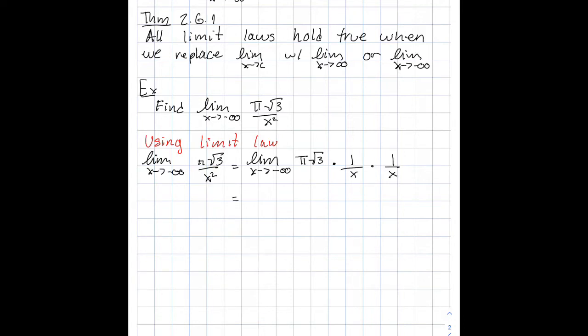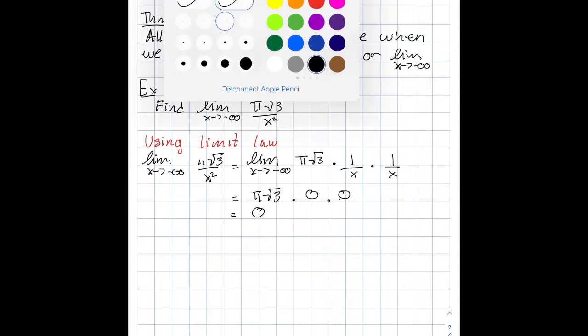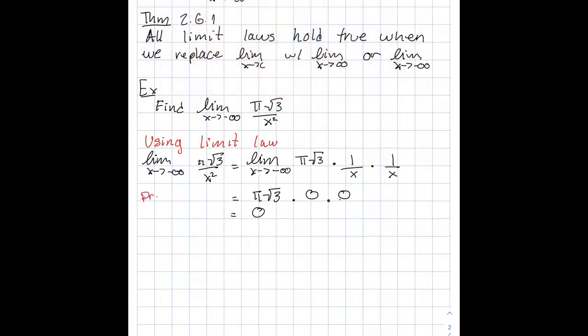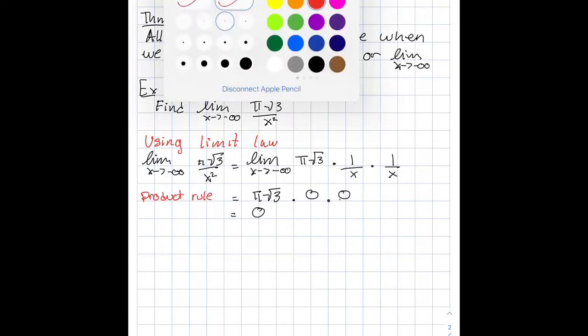I know for a constant, the limit is always going to be that constant. So this first function is going to give me pi over 3. Remember, pi is just a number. Times 1 over x, I know goes to 0. And 0 again. Which gives me a grand total of 0. Okay? So we use the product rule limit law for that one.